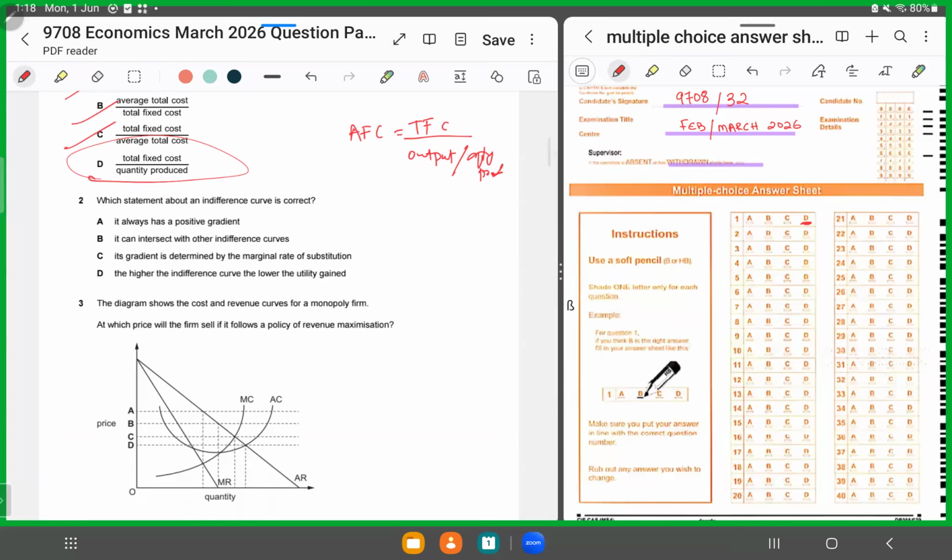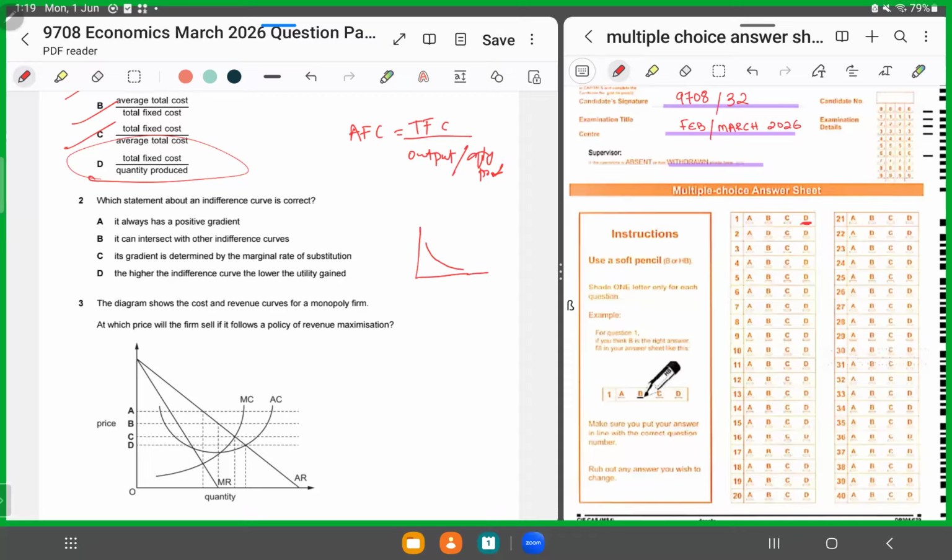MCQ number 2 says, which statement about an indifference curve is correct? So now what is an indifference curve? Indifference curve is a curve that shows combinations of two goods that give consumers equal amount of satisfaction. So this is what an indifference curve looks like, right?